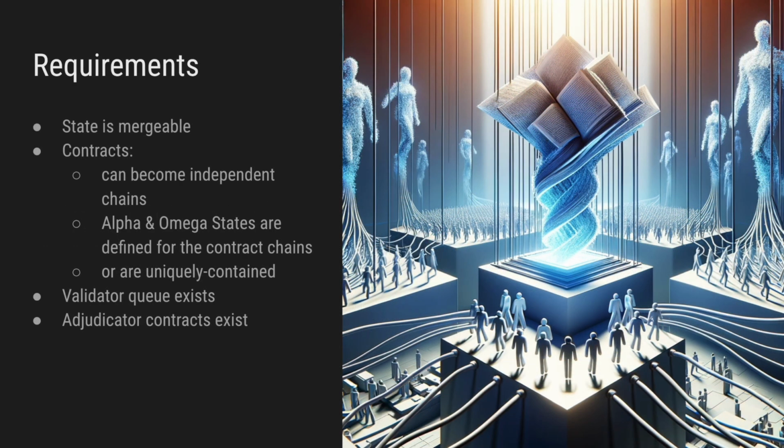The assumptions or system requirements are that the state is mergeable, that contracts can become independent chains with their own consensus protocols, that contract chains can have an alpha state and an omega state, that contract chains are uniquely contained, and this means that they are contained in one parent chain, the chain that created their genesis or alpha state, and that there is a validator queue where subchains can acquire validators or miners from for running their own consensus protocol.